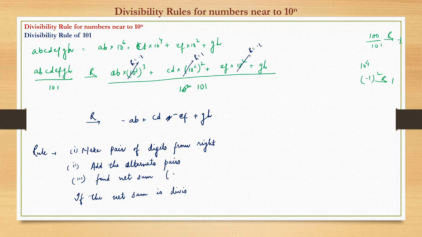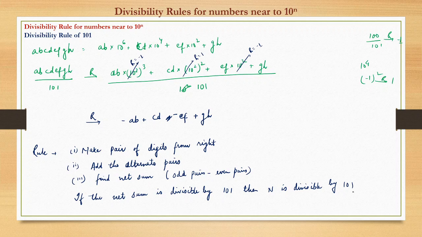Net sum means the odd pairs minus the even pairs, or any possible combination. If the net sum is divisible by 101, then n is divisible by 101. So basically, this is the simplest rule for 101.